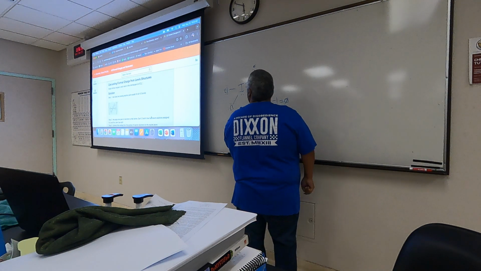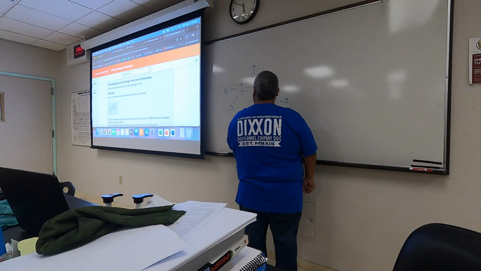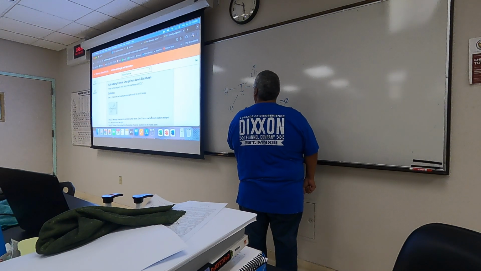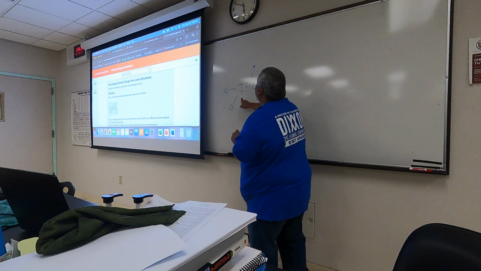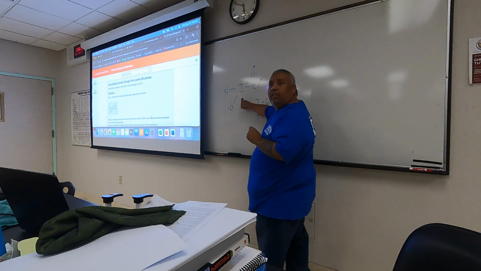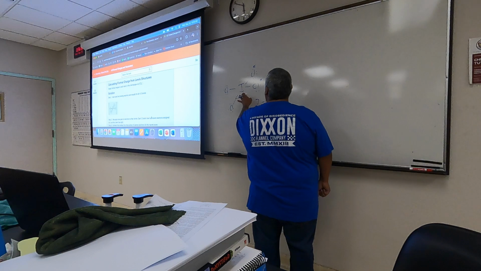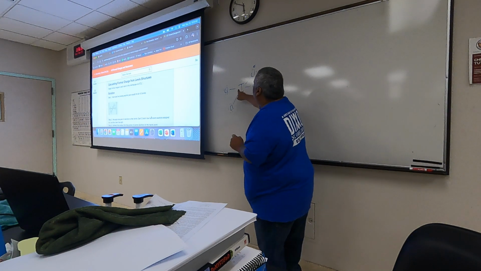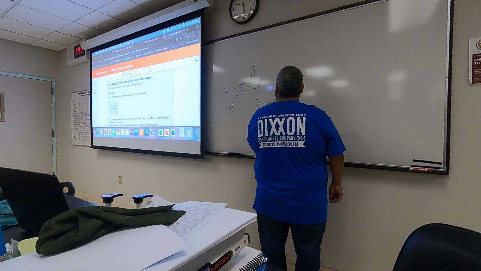For iodine, how many valence electrons? 7. Perfect. And how many lone pair electrons? 4. Minus the number of bonds.